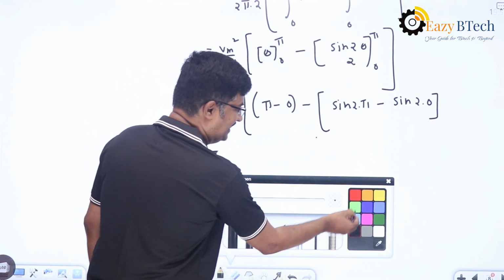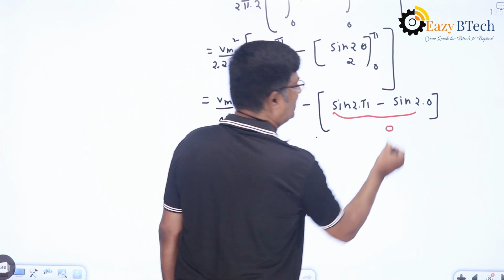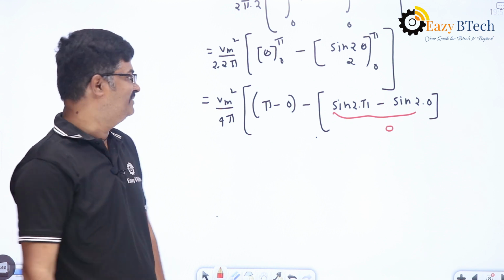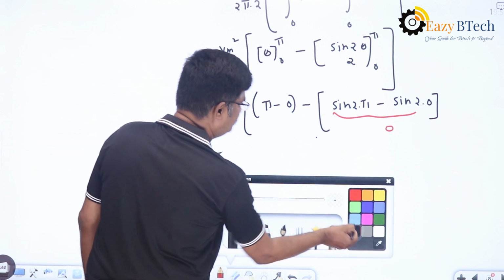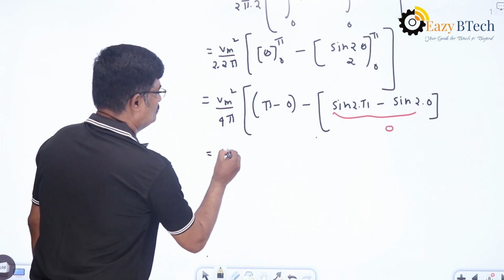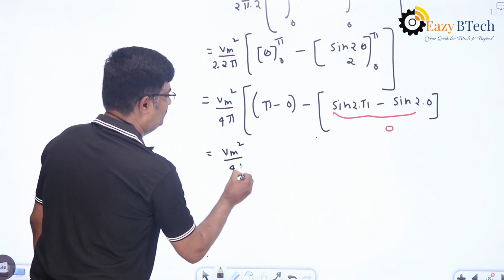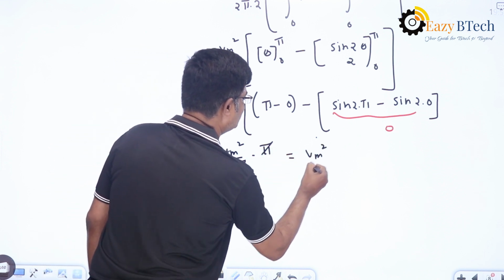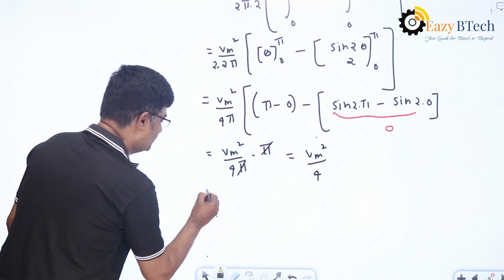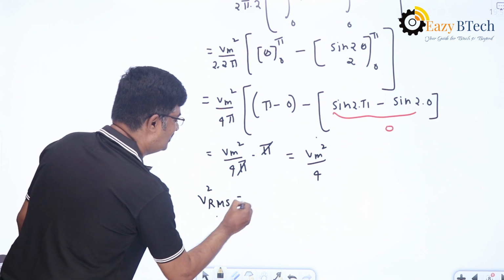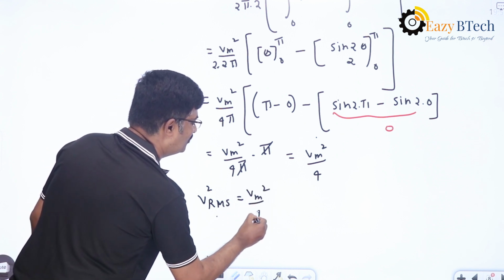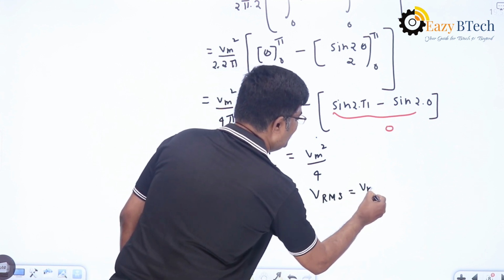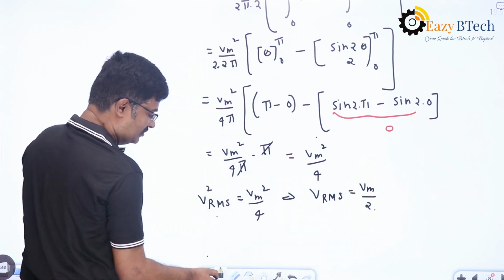As we have said previously, the total value of this is equal to 0, as I said, sin of 2 pi, 3 pi, 4 pi will be 0. So simply here I will be having Vm square by 4 pi into pi. So pi will be cancelled. I will be remaining with Vm square by 4. I am having V square rms is equal to Vm square by 4, which is equal to V rms is equal to Vm by 2. This is the value which I got.